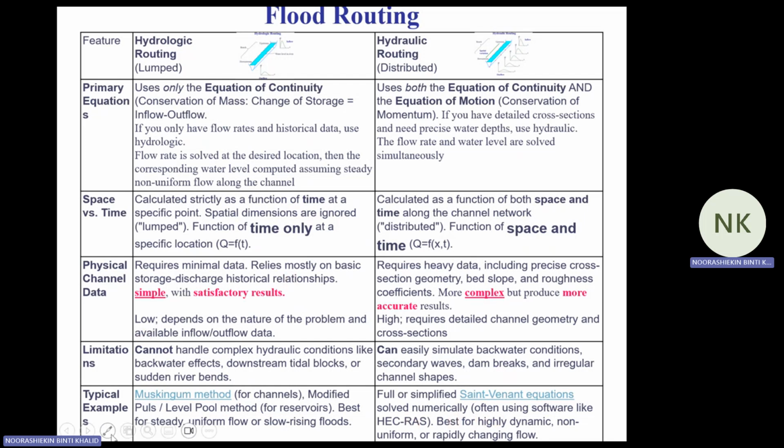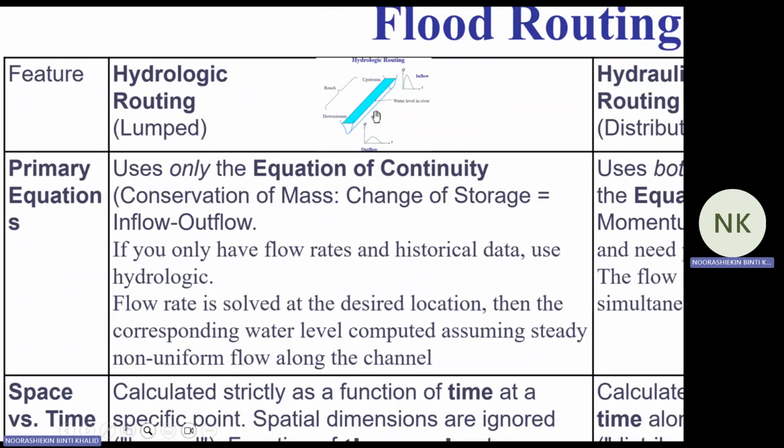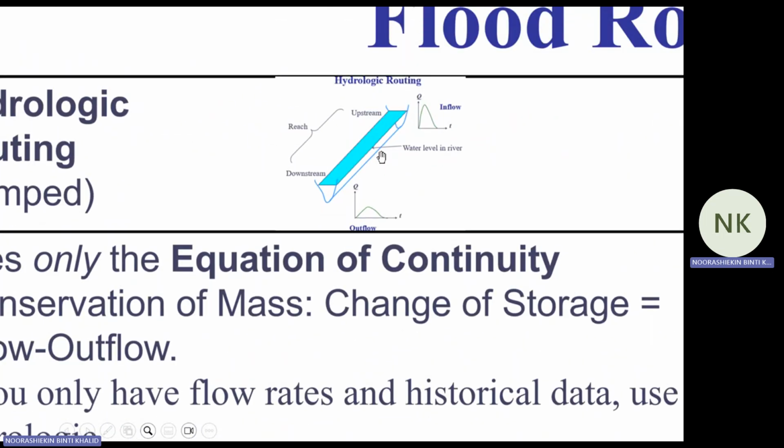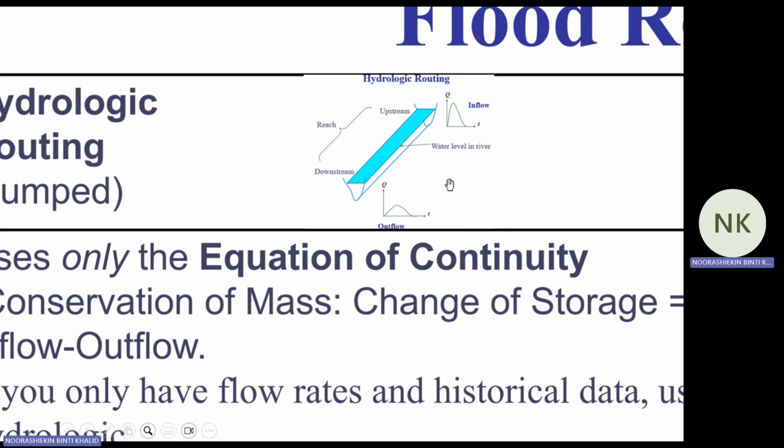So we go to the picture. How do you know this one is hydrologic routing? For hydrologic routing, you have to determine the inflow and outflow. That is why it's called the lumped model, because it calculates a single graph of inflow and then a single graph of outflow.